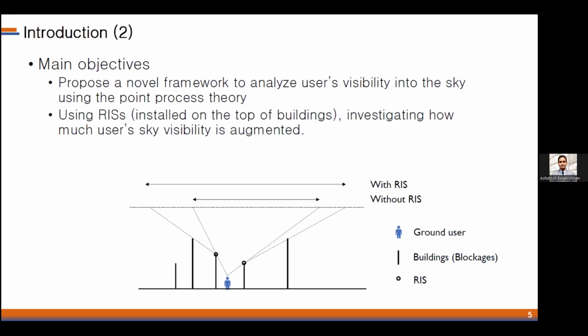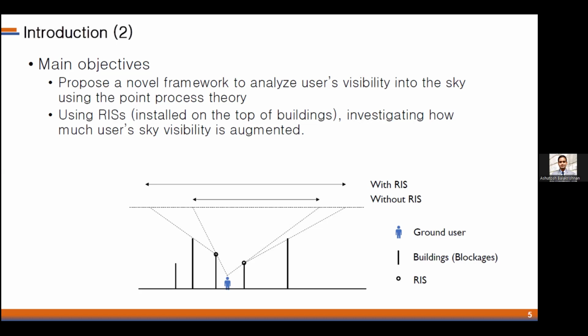So yes, I bring the main objective here. First of all, we propose a novel framework to analyze the ground user's sky visibility using point process theory. And then we use RIS to increase the region visible to the ground user. This is the high-level picture. The user is on the ground.